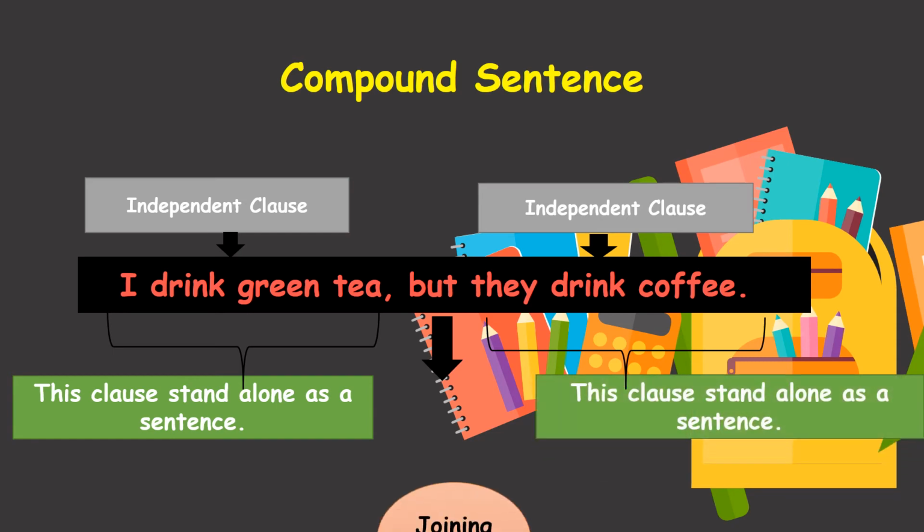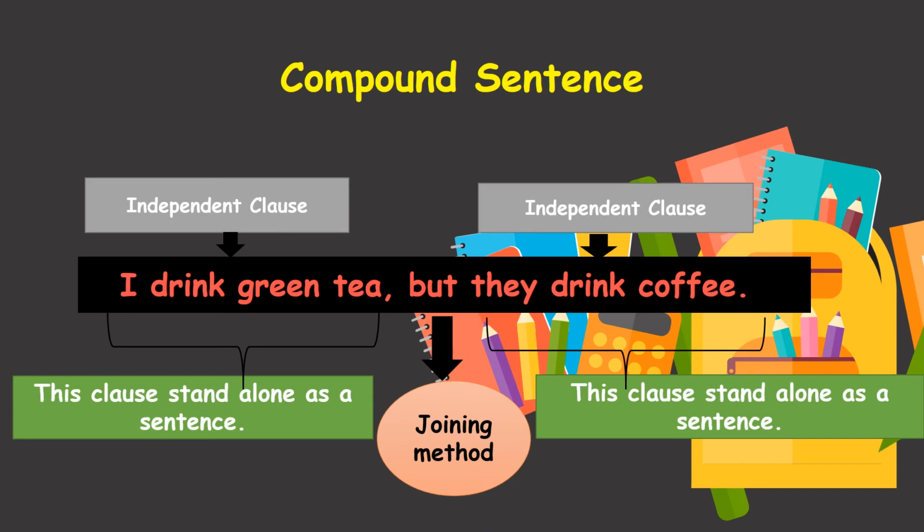And you know that a compound sentence has two or more important and independent clauses joined by a conjunction, like and, but, or, so, for, etc. So we join two independent clauses with a coordinating conjunction.